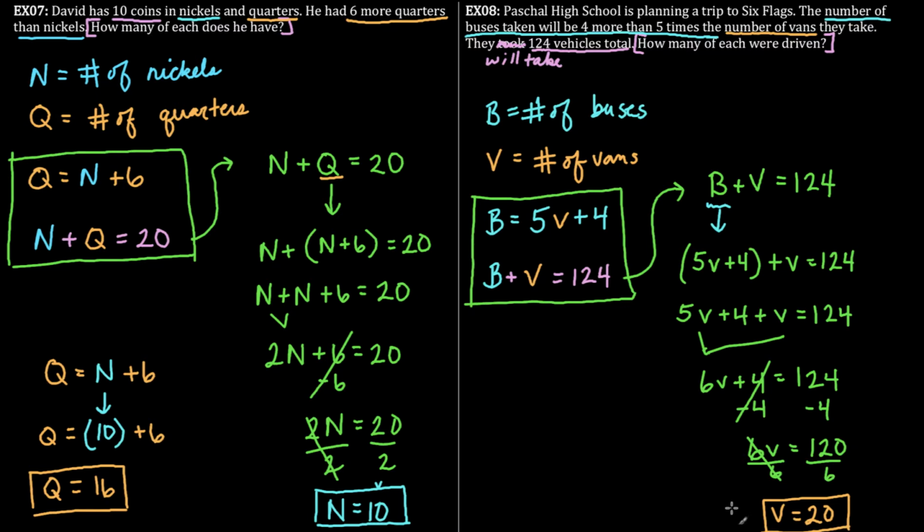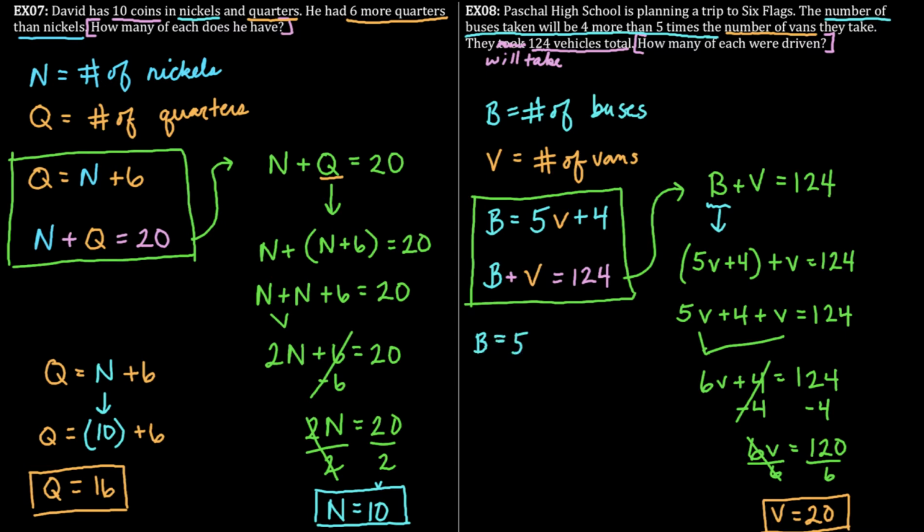And now I will substitute in this 20 for v in one of these equations to figure out b. It doesn't matter which one. I actually think I might show you that it doesn't matter. So I will write this first one down here. So B equals 5V plus 4. I should probably put it in blue.